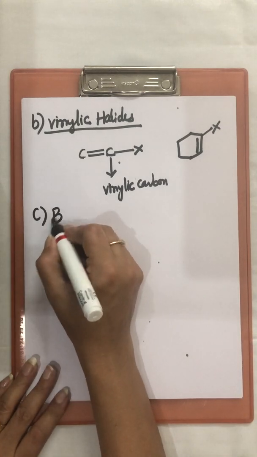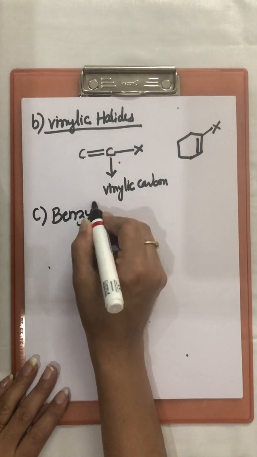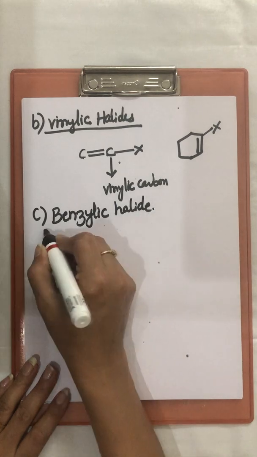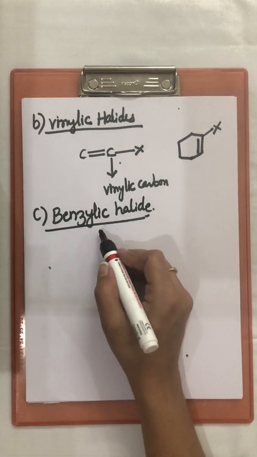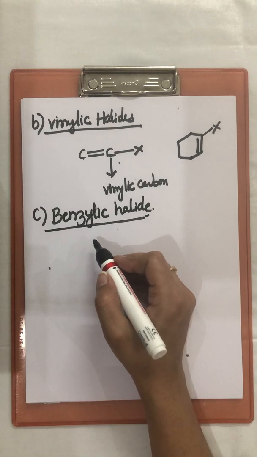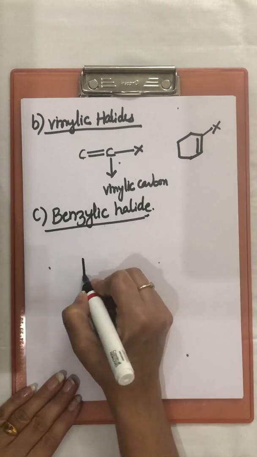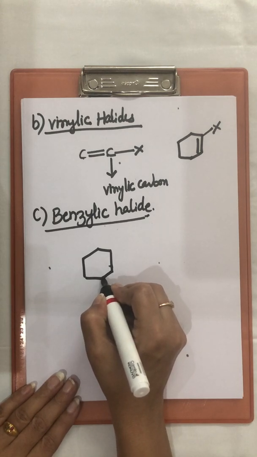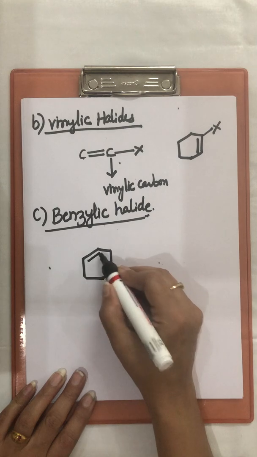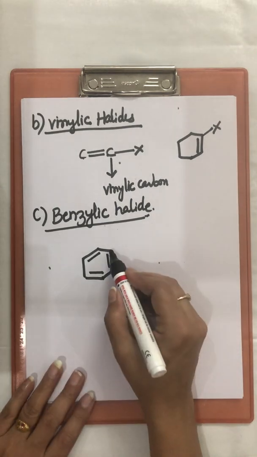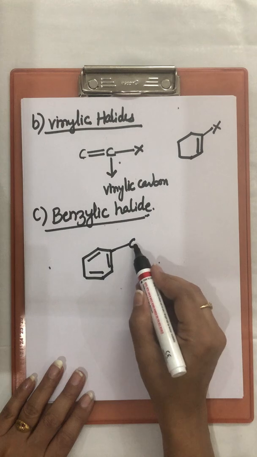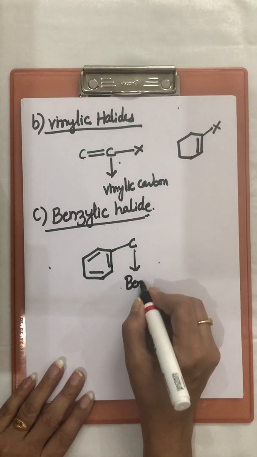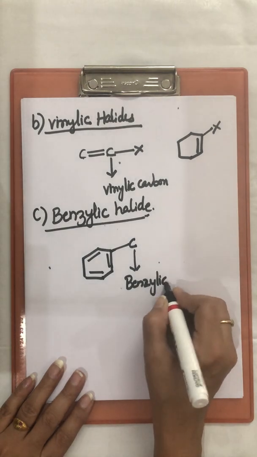Third is benzylic halide. Now again, to know benzylic halide, we should know what is benzylic carbon atom. In aromatic compounds which have a benzene ring, this is benzene. The carbon next to benzene ring is called benzylic carbon.